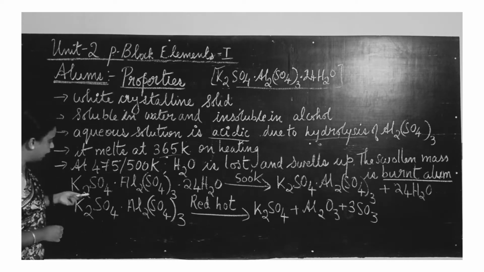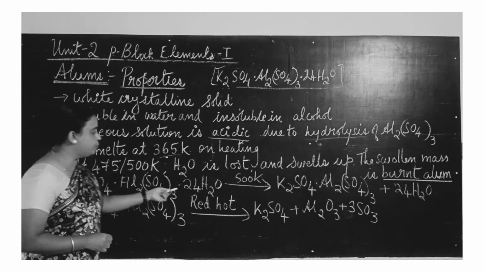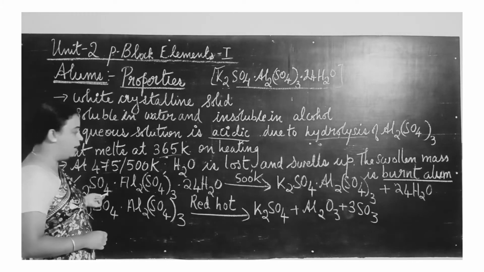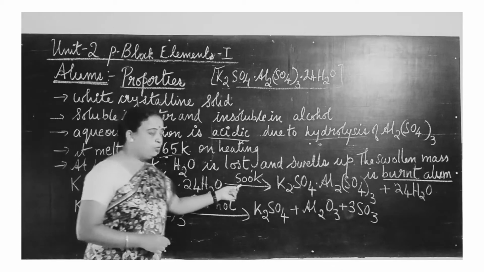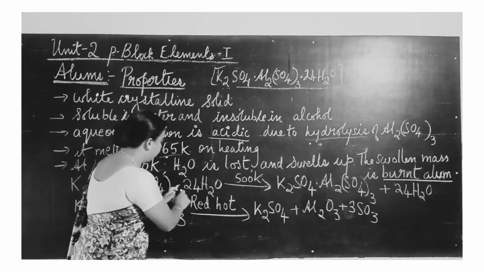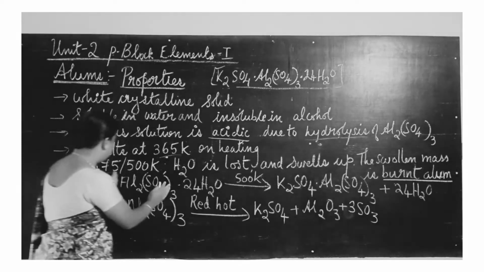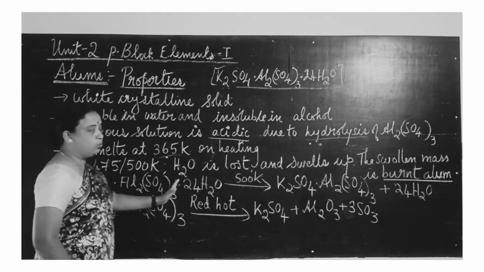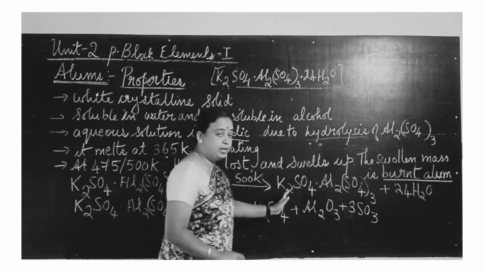So here you can see K2SO4, Al2(SO4)3 with 24 water molecules, that is your alum. On heating to 475 Kelvin or 500 Kelvin, all the water molecules are lost. So this is retained as it is, only the water molecules are lost, that is, burnt alum is formed.